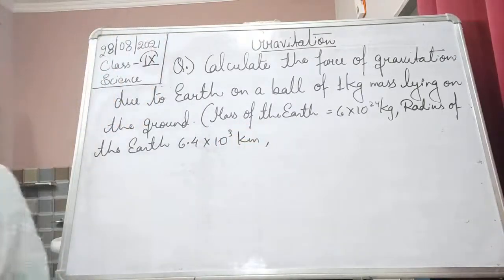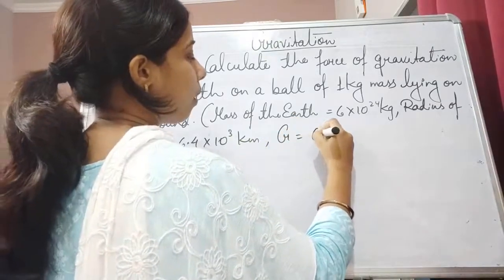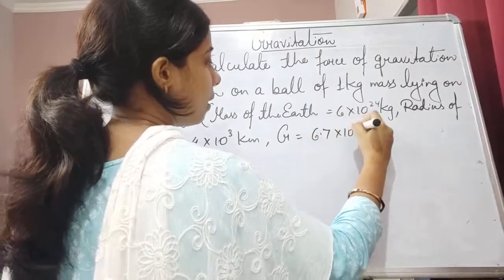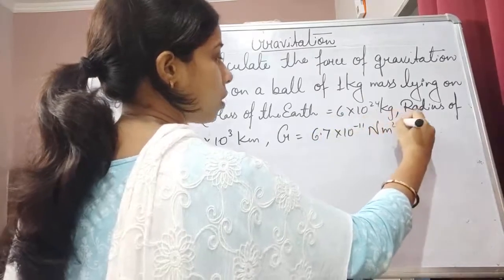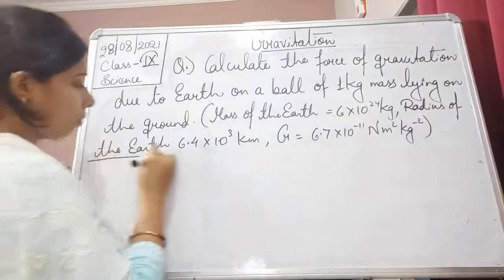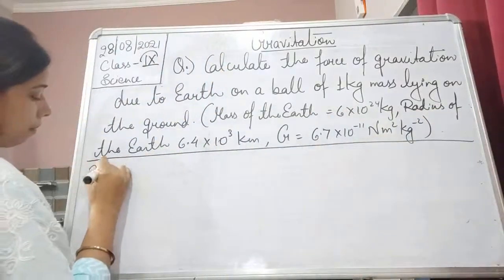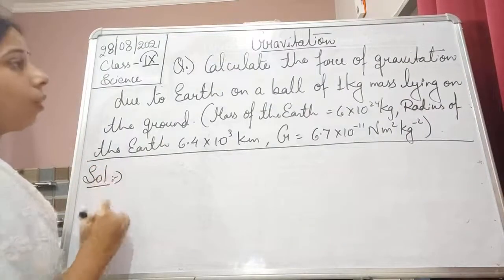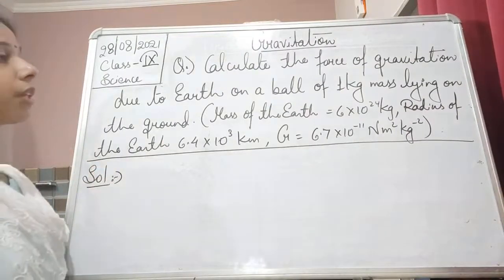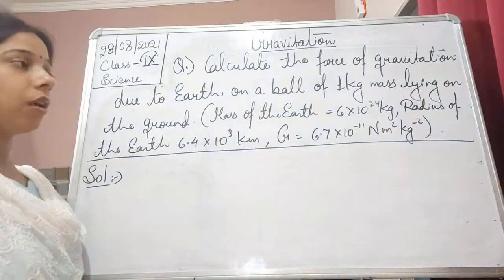Then capital G is given, which is 6.7 into 10 to the power minus 11 Newton meter square per kg square. Okay, so we have to find out the force of gravitation on a ball of mass 1 kg.